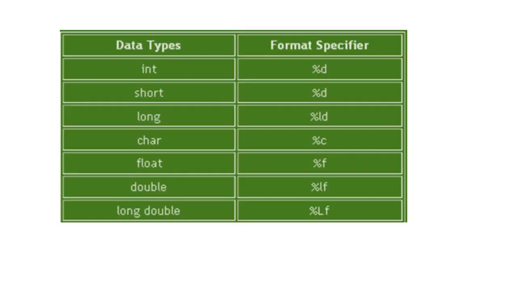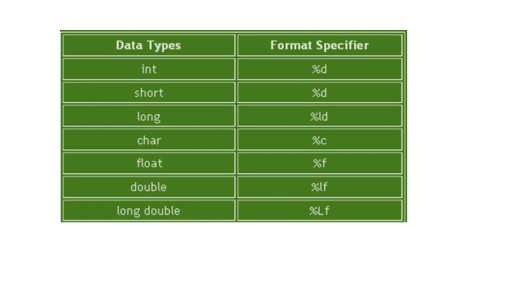See, these are the different format specifiers associated with the basic data types. For an integer variable, the format specifier is %d.